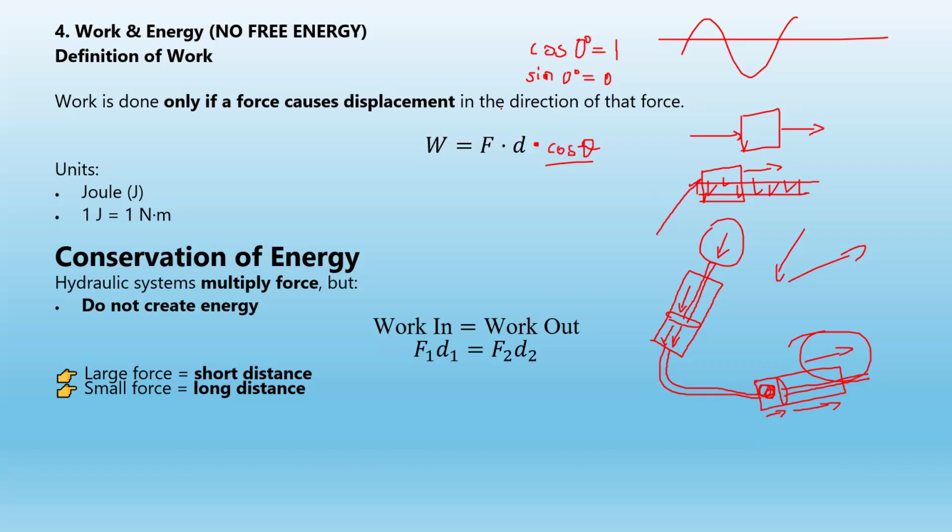So for that reason, we can just forget that, because the forces are aligned here, forces are aligned here, we get 0 angle between those realistically, and cosine of 0 degrees is 1, so we can skip that.